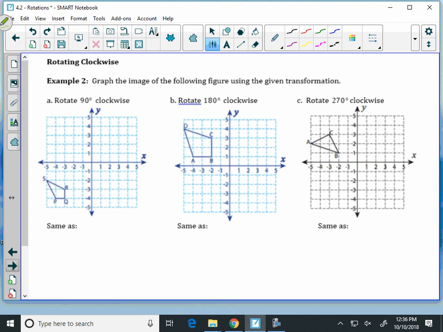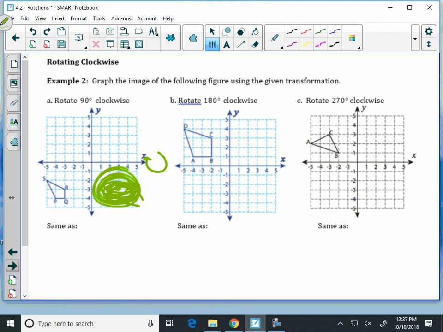And when we rotate something 90 degrees, how many quadrants does it jump? 1. Okay? And we're going like a clock, so we're going towards the right. Clocks go this way, sorry. We're going towards the right. Okay? So we're jumping this way 1 quadrant. So we want our figure to land somewhere in here. Okay? We want it to land in that quadrant.